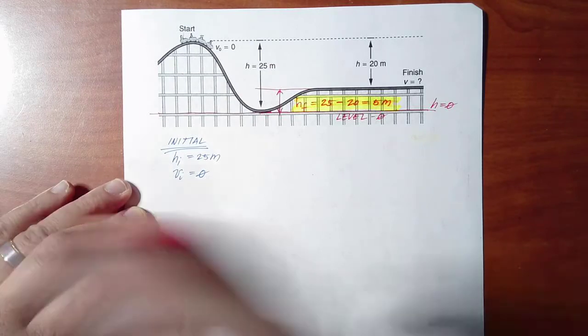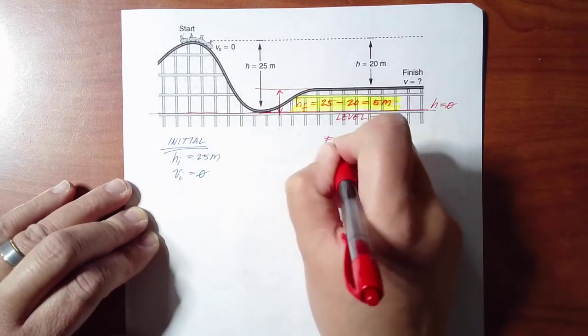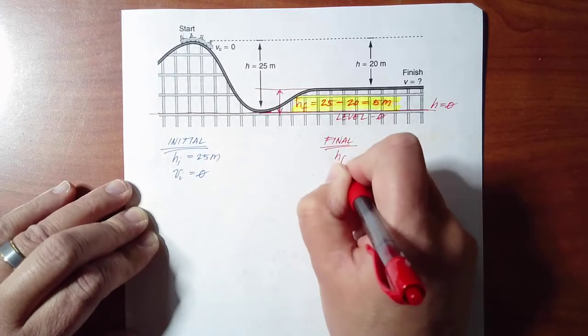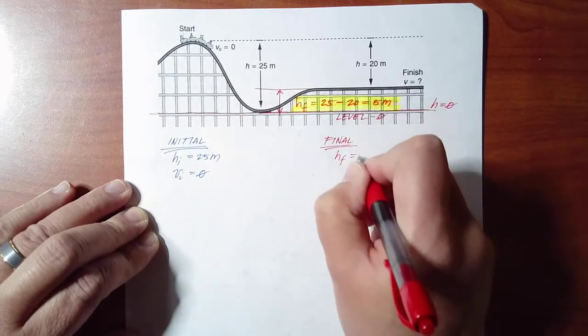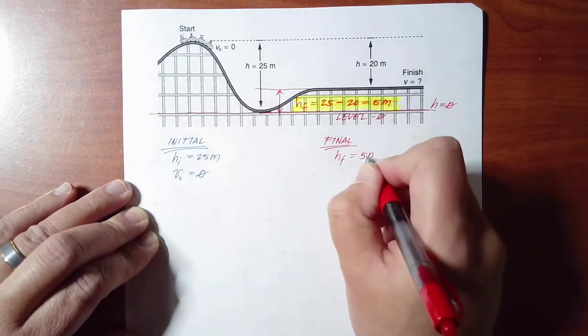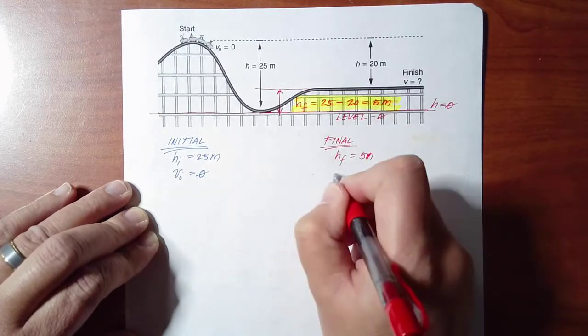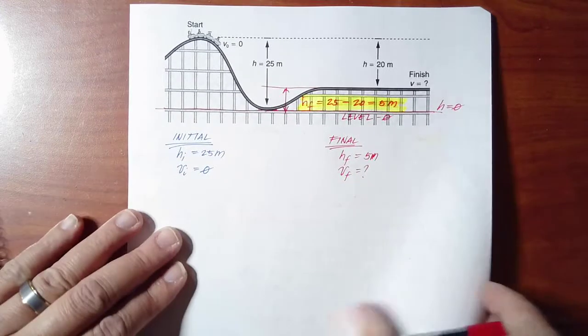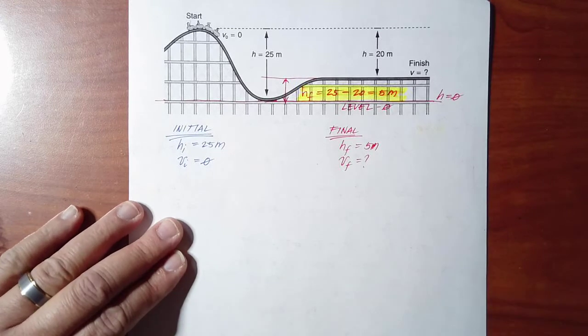While on the other side, final condition, height final is measured at 5 meters, as it states right there. And our final velocity is something that we want to solve for.